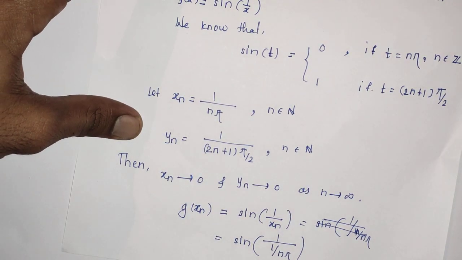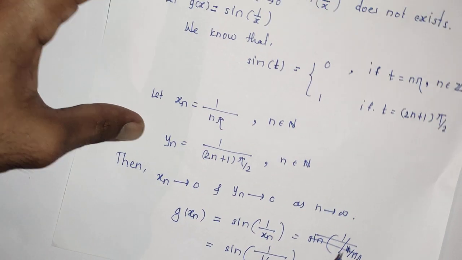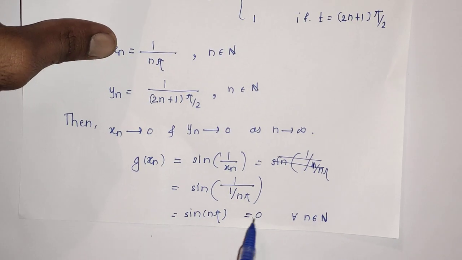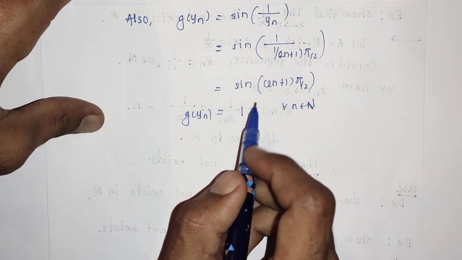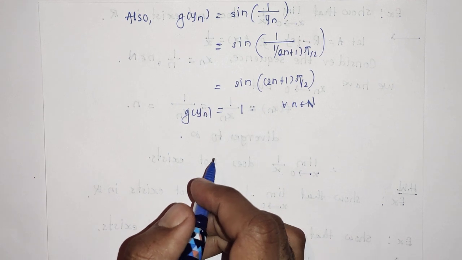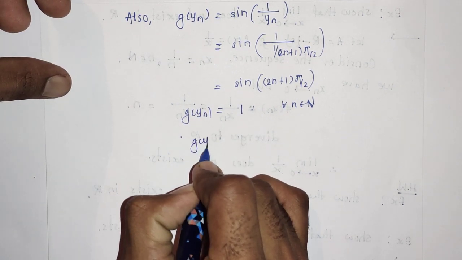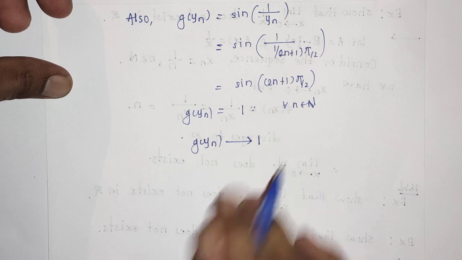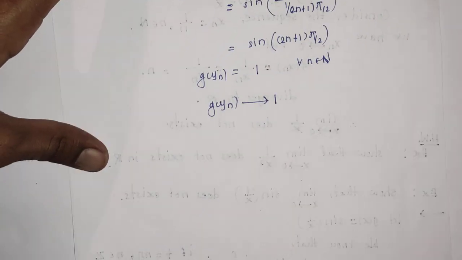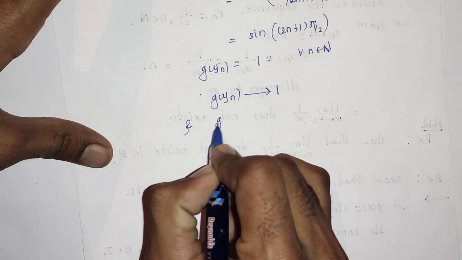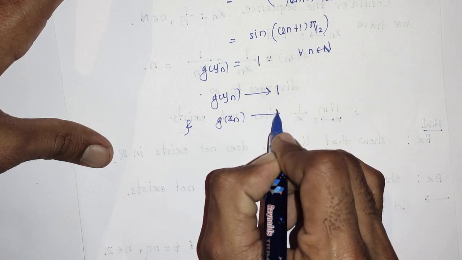So g of xn was 0 for all n, this is a constant sequence, so this constant sequence sin n pi converges to 0. Also g of yn is a constant sequence equal to 1, so that sequence converges to 1. So g of yn converges to 1 and g of xn converges to 0.